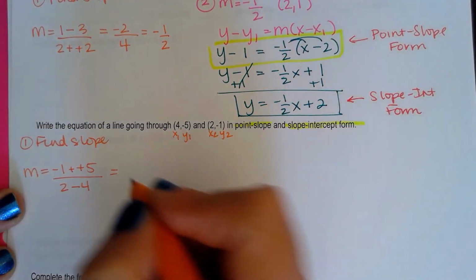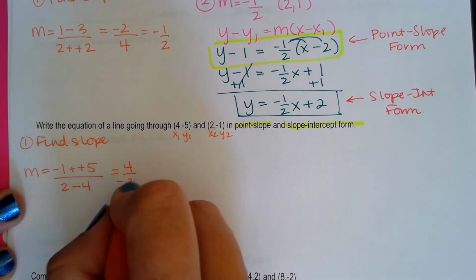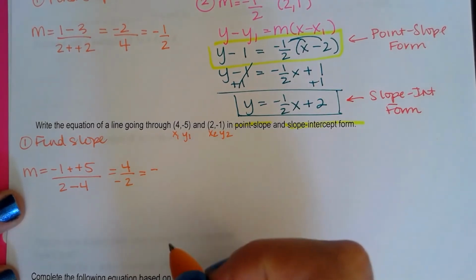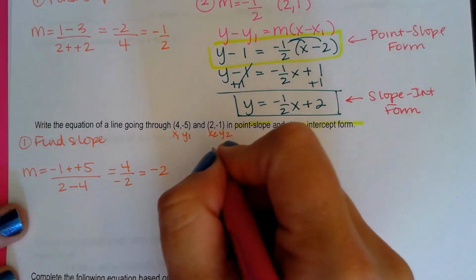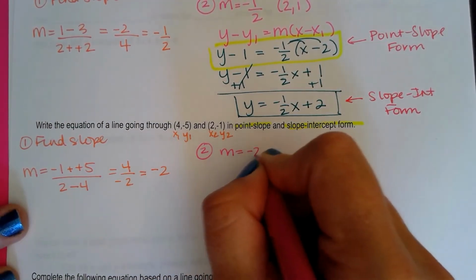Double negative there, so that's 4. 2 minus 4 is -2. Positive divided by negative is a negative. 4 divided by 2 is -2. So then step 2, my slope is -2.